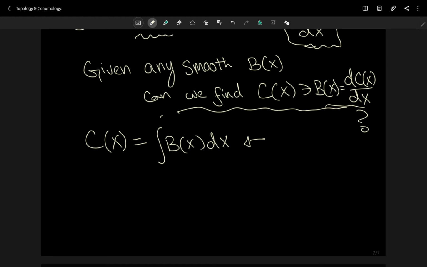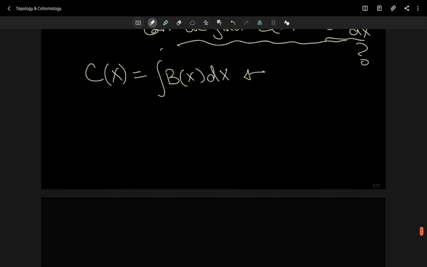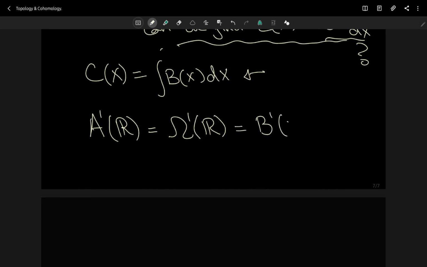So we have then found out that A1 on your real space is equal to omega 1 of your real space, which is equal to your B1 on your real space.